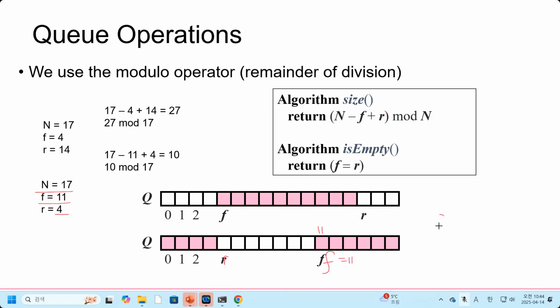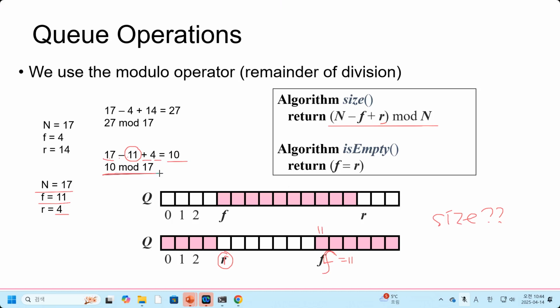So what is the size of this queue? Now you can follow with this formula. It is 17, and we know F is at position 11. So 17 minus 11 plus 4, where 4 is the index of R. Then we have 10.